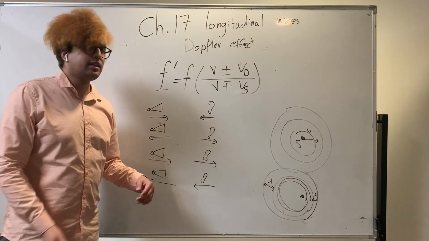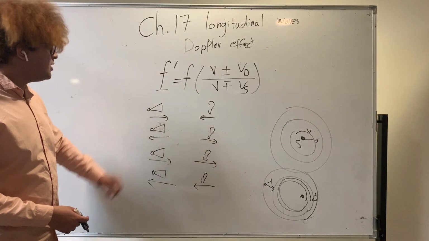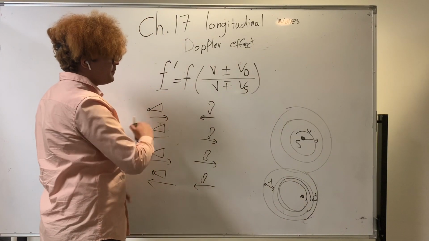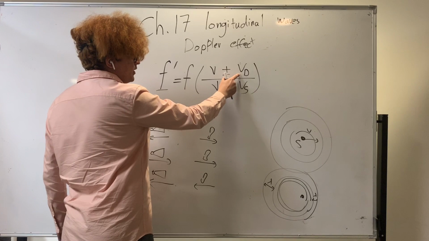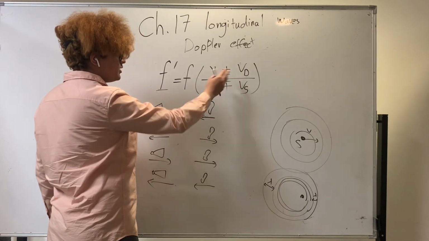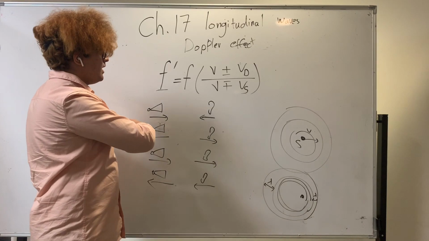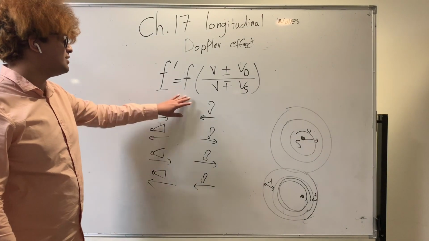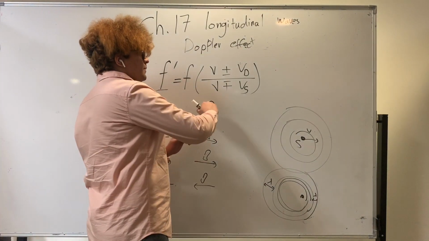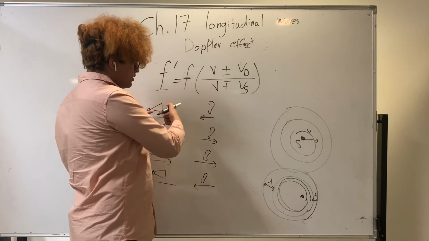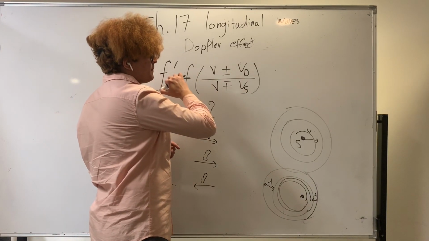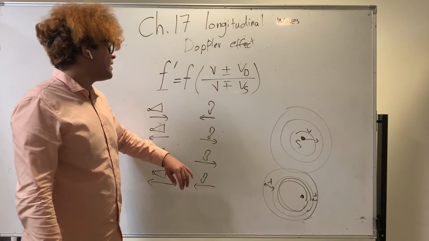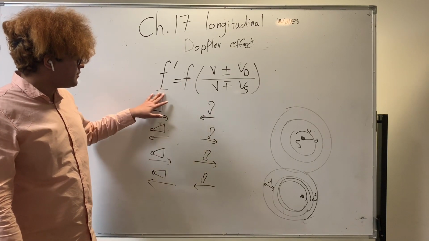So in order to understand how to use this equation, we need to understand the direction of movement. If the detector is moving close to the source, or is moving towards the source, then the Doppler effect says that the new frequency should be higher than the original frequency. So we want to make the numerator as large as possible, in order to make this new frequency large.